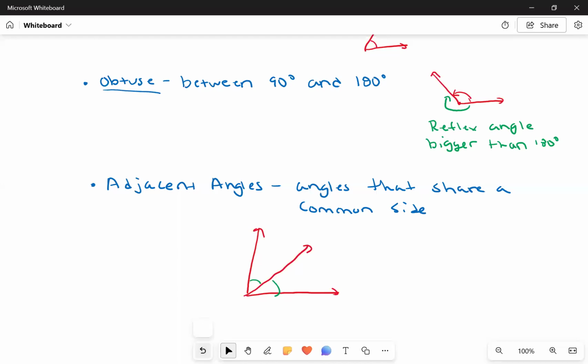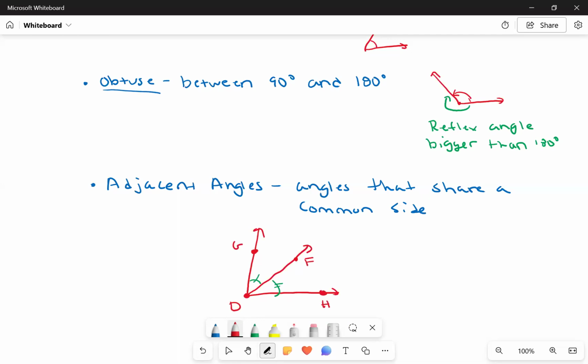Some books may do little marks in between them. That can show that they're not equal angles. But the best way of labeling angles is to give them physical labels like we talked about previously. So here, let me give it some new letters this time. We'll do D, G, F, and H.